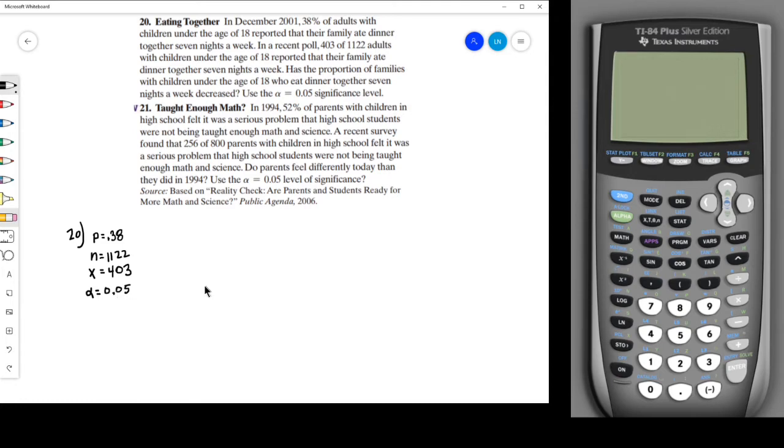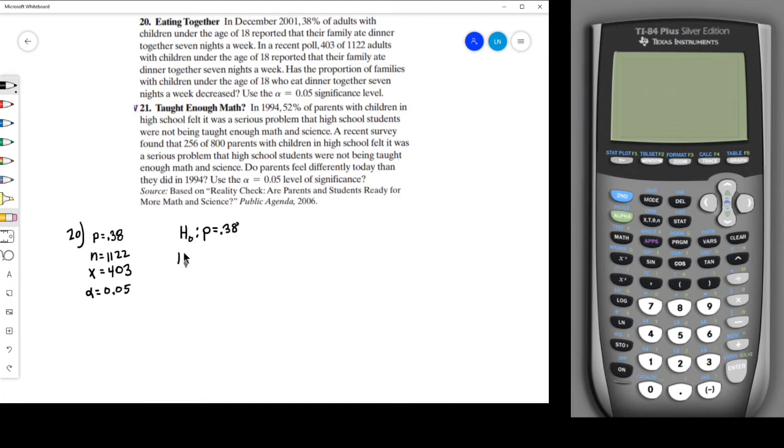Now, how are you going to determine your null and alternative hypotheses? Well, the null hypothesis is always the same. The null hypothesis is your statement of no change. So that means that the population proportion is 0.38.